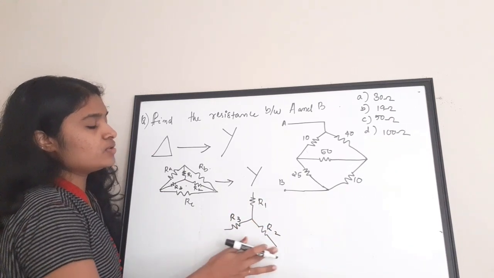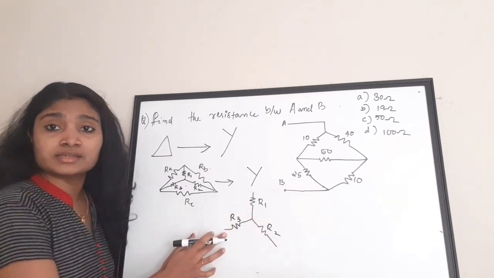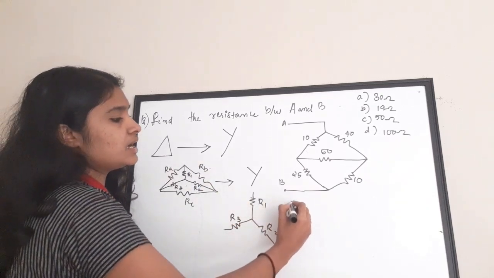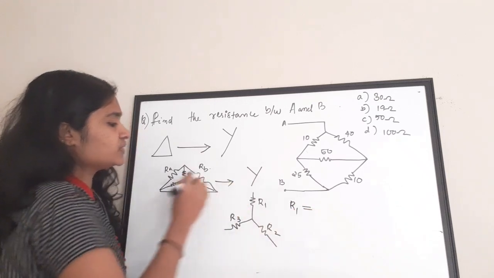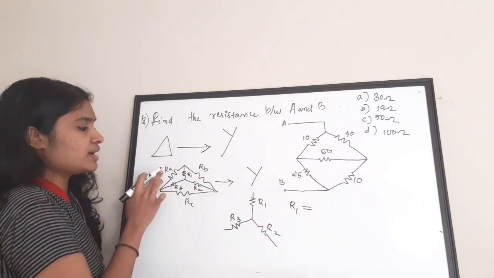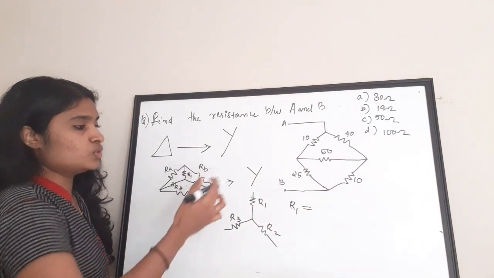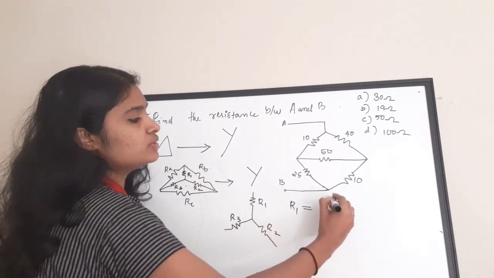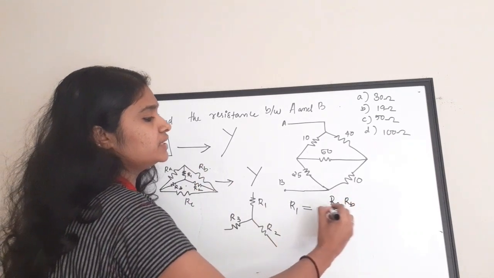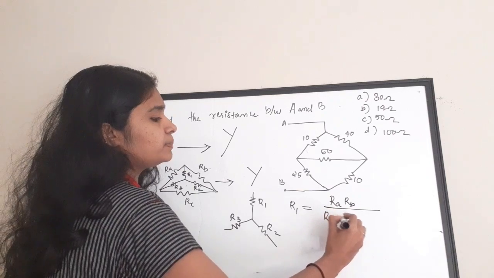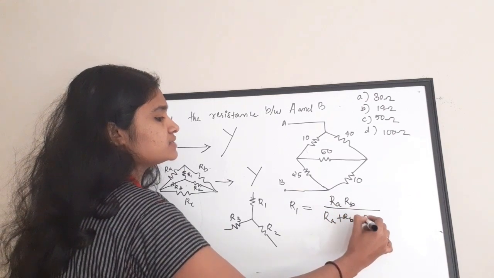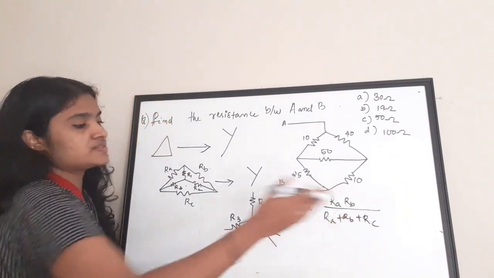Now the values of R1, R2 and R3 will be like this. R1 is in between RA and RB. So R1 is equal to RA times RB divided by RA plus RB plus RC, the total of the 3 resistors.